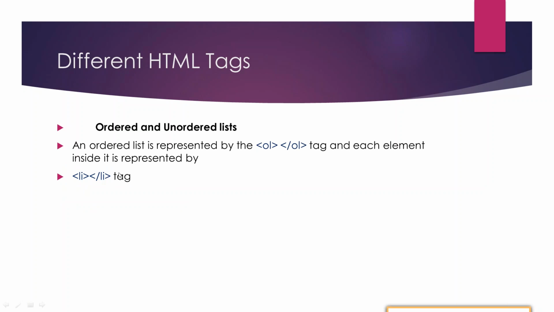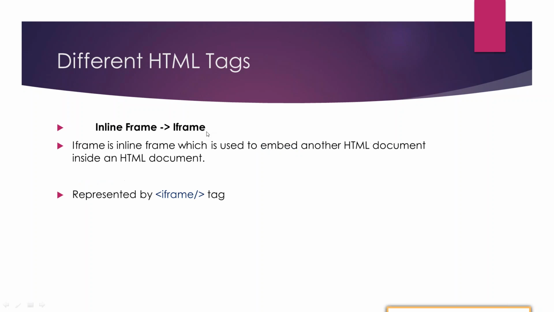I explained ordered and unordered lists. The ordered list is for 1 2 3 4. In the ordered list you write li and the list of items, and close the ordered list. What is the unordered list?